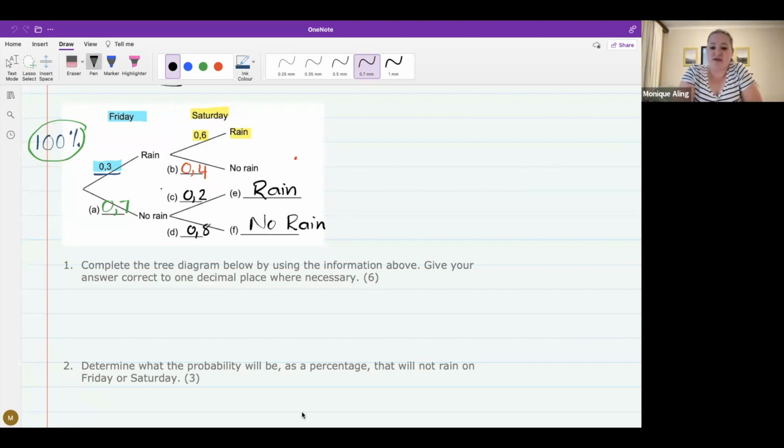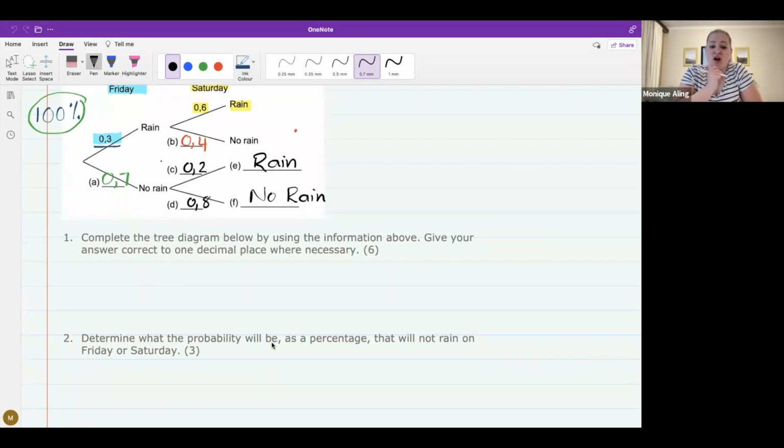How are we going to work this out? That it will not rain on Friday and on Saturday. So we know we're timesing two things. Which two numbers are we timesing?